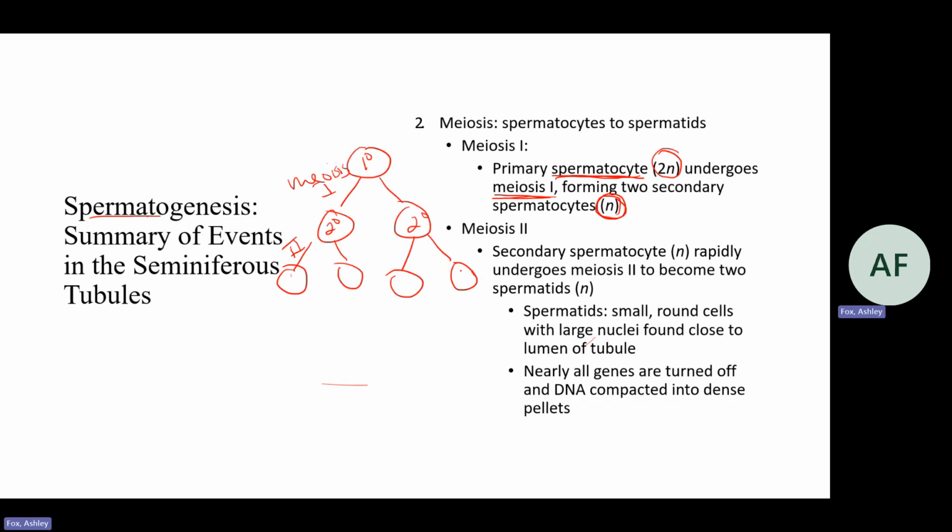What happens with spermatids is we kind of compact the DNA into this tight little pellet little area, because again, we're going to make it a lot smaller. We'll make it just kind of a little head piece, a middle piece, and then we'll have a tail. So we want this kind of all compact into one little area because that's where it's going to go eventually when we go through spermiogenesis.